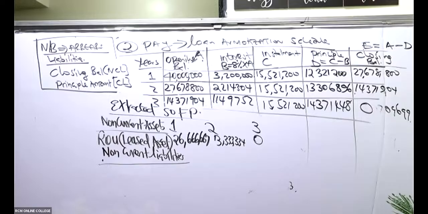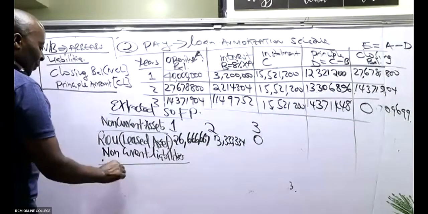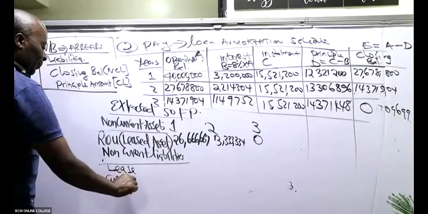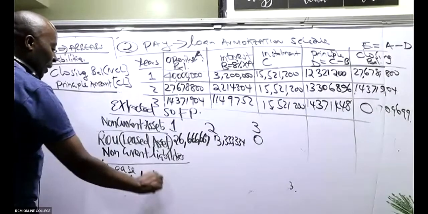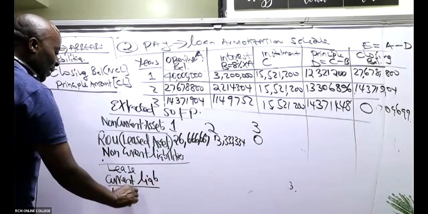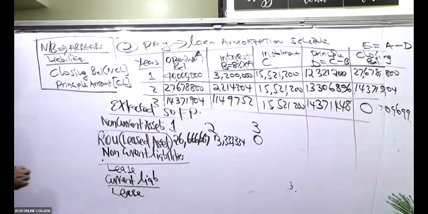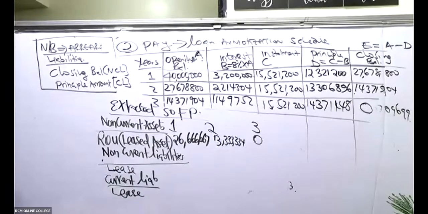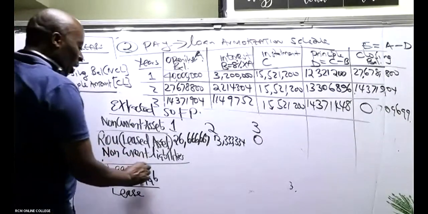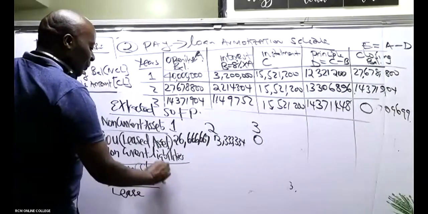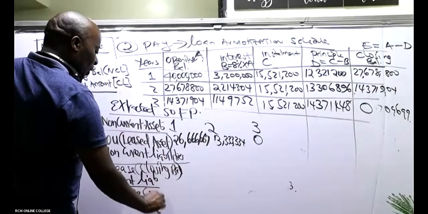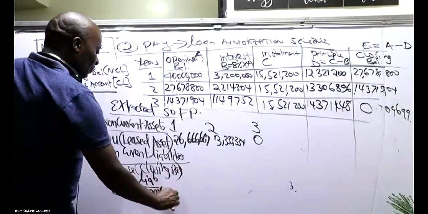So now, after you have written it that way, under non-current liabilities, we have here lease. You will simply write lease. And also under current liabilities, you shall also write lease. Remember, here you're going to pick what we call the closing balance, and here you shall pick the principal amount.